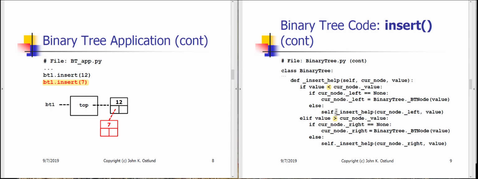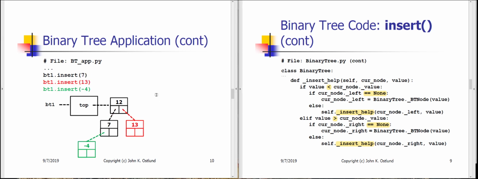Within each of those possibilities, we're handling both the case of having reached the bottom of the left-hand side or the bottom of the right-hand side, or having to continue recursively calling insert help either on the left or on the right in order to discover where the bottom of the tree is, so that we're able to figure out where to put our new value.